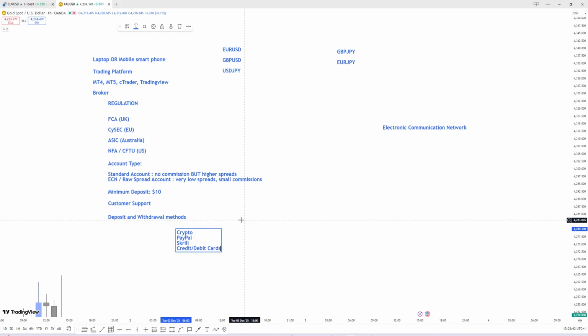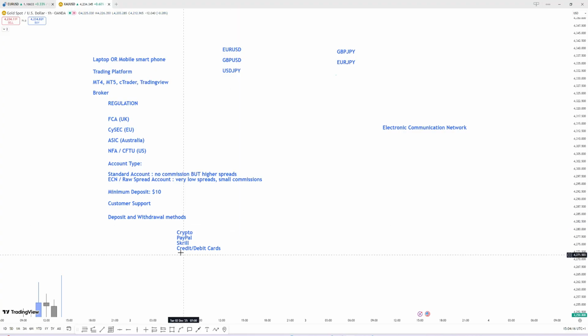These are the most easily accessible means of deposit and withdrawal. So any broker that you're selecting, make sure that the broker accepts these kinds of deposit or withdrawal methods. It should be easier for you as a beginner forex trader to fund your account and make withdrawals.